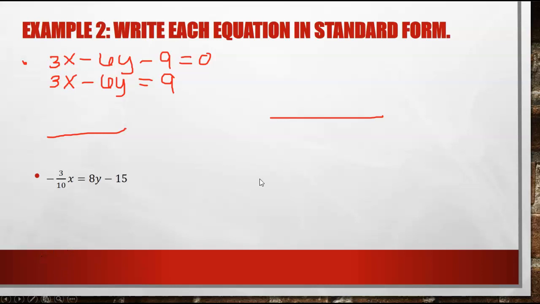Okay, example B. I'm going to write it over here. We have 2y equals 4x plus 5. So what happens is you move your 4x over. So you get negative 4x plus 2y equals 5.